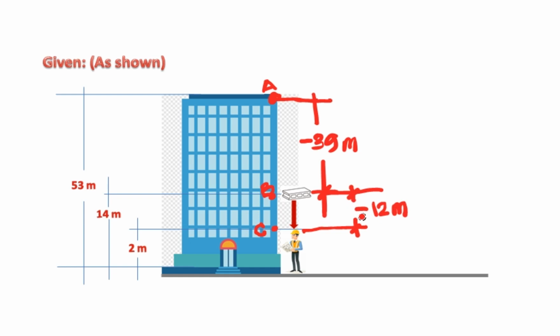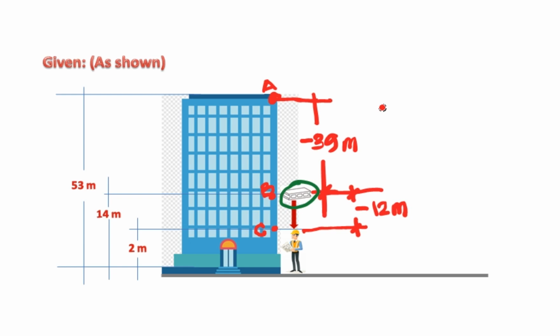Again, we need to put negative to denote the direction of the cement block. So here's the cement block, it's falling, so we need to denote the displacement with a negative sign. So this is now our given.